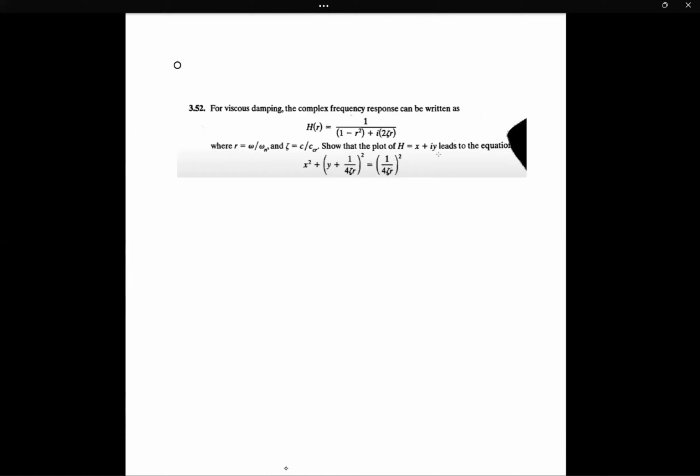So we have to show that the plot of H = x plus iy leads to the equation x squared plus (y plus 1 divided by 4 zeta) whole squared equals (1 by 4 zeta) whole squared. So let's start.